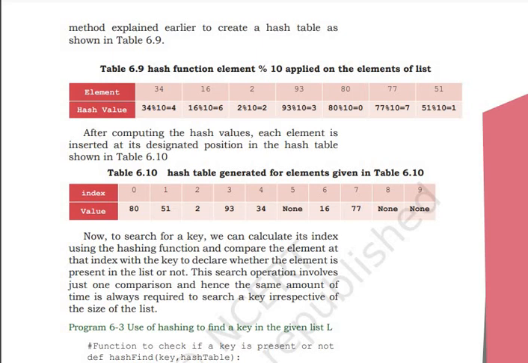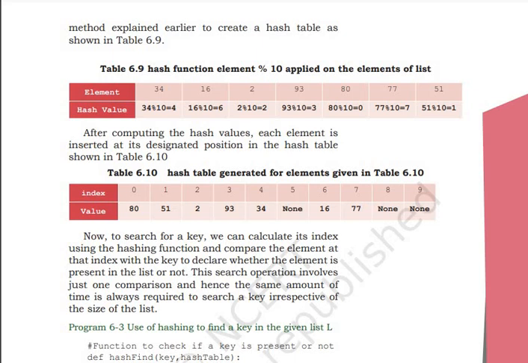So why mod 10? As I told you, we created an empty hash table with 10 elements, indexed from 0 to 9, and the value is None. Now the given values are inserted into the hash table based on that remainder method. If you want to search for a key, we can calculate its index using the hash function and compare the element at that index with the key to declare whether the element is present in the list or not.